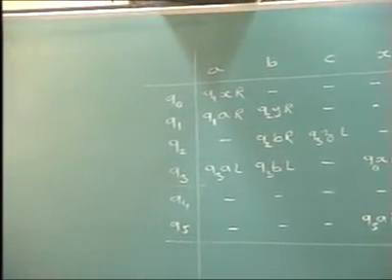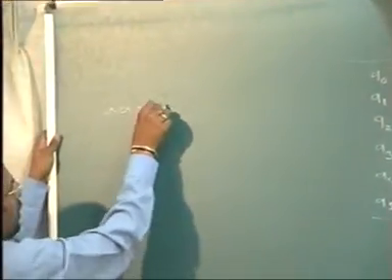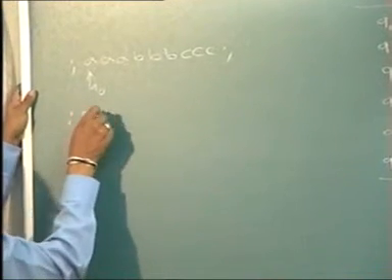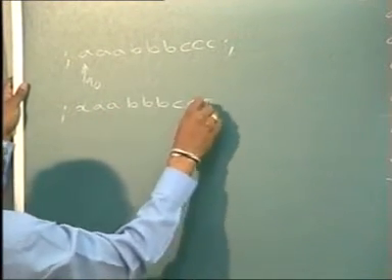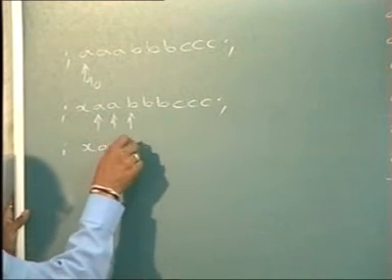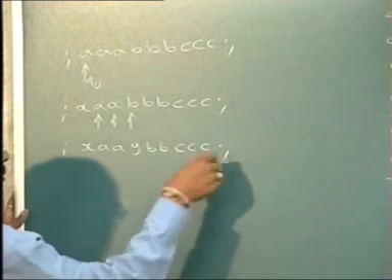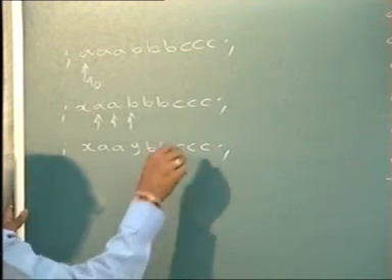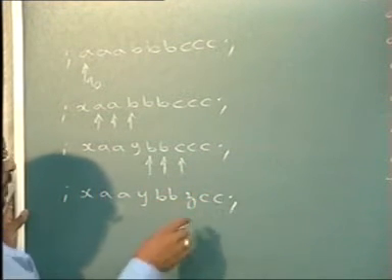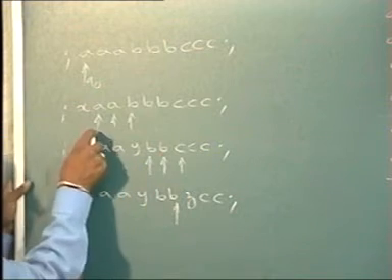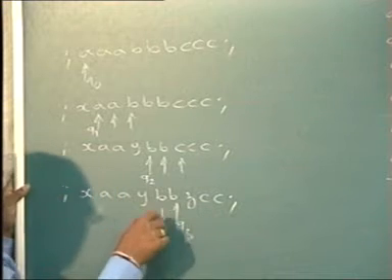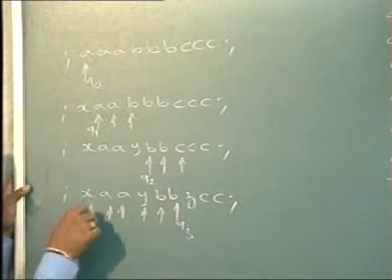Okay? You should do the simulation of this yourself to understand it. In Q0, on getting A, write x and move right, and you will keep on moving to the right till you get b. On getting b, write y and move right till you get c. And c, this was in Q1. Okay, this was in Q2. This will be in Q3. Keep on moving to the left, left, left, left till x.